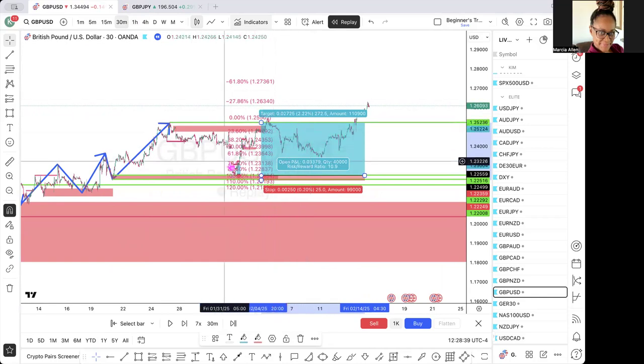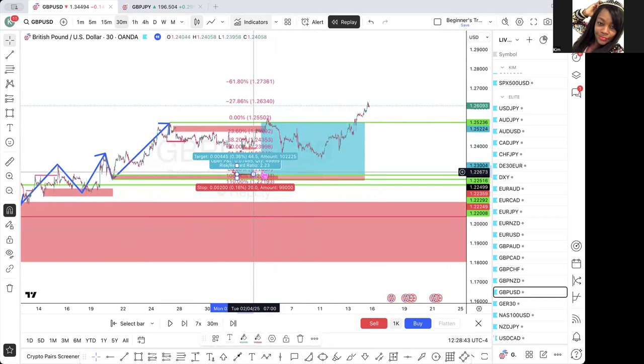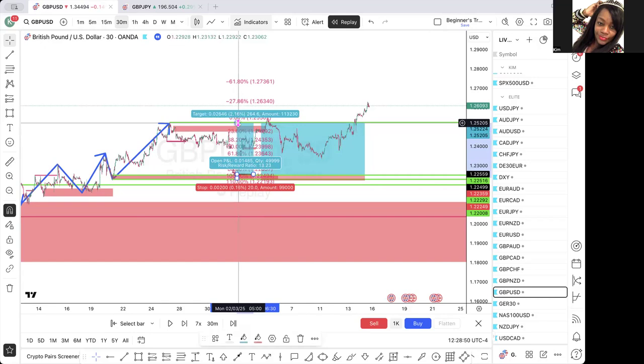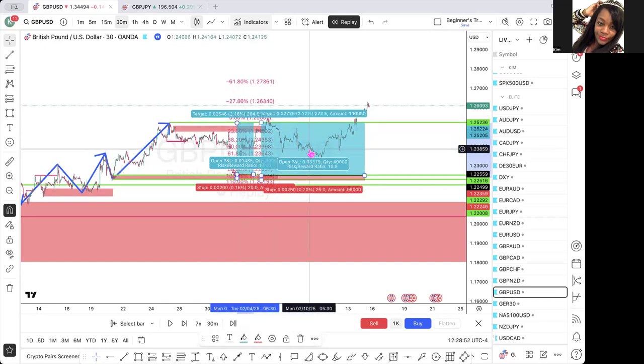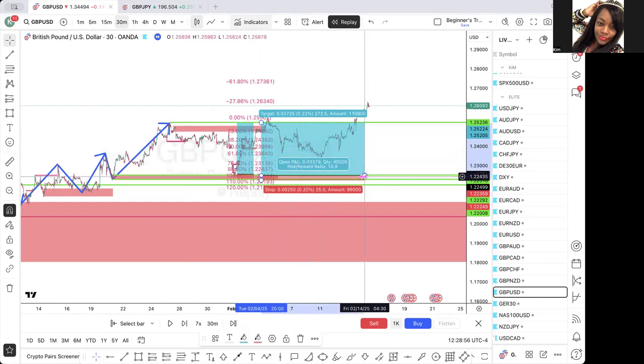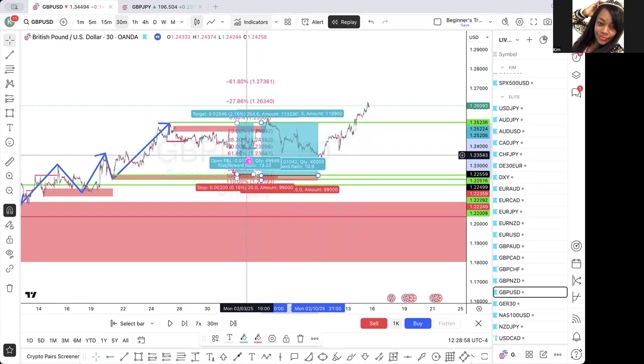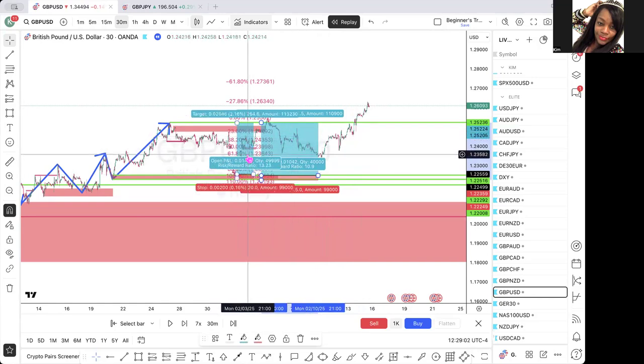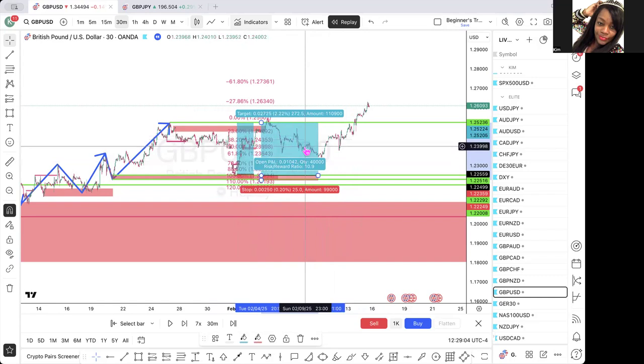Oh, wait a minute, here it is right here. I think it's about the same. 264 versus 272. It was this one, because this is a 13% trade and this was a 10% trade.